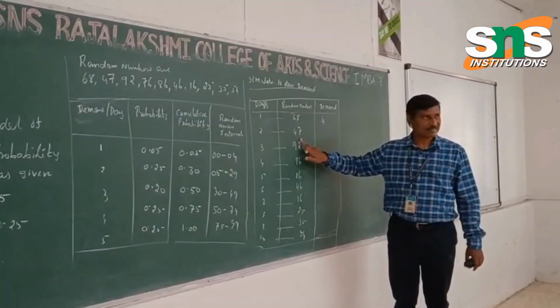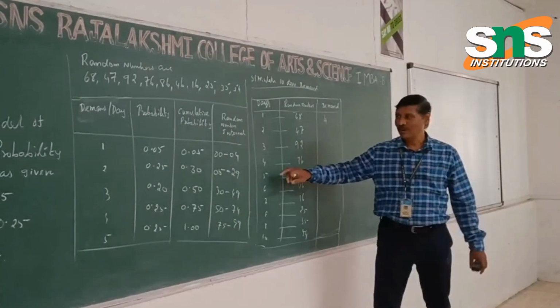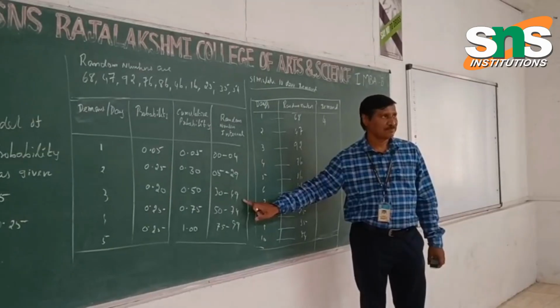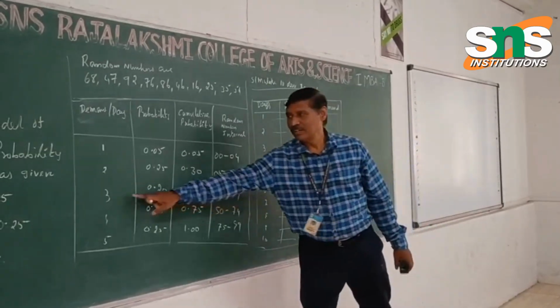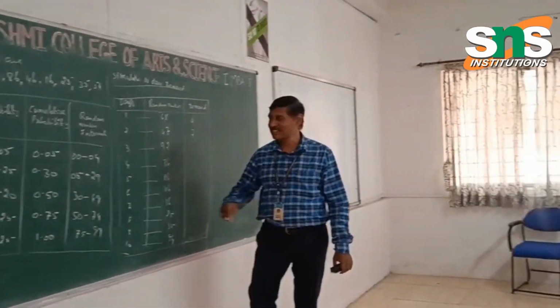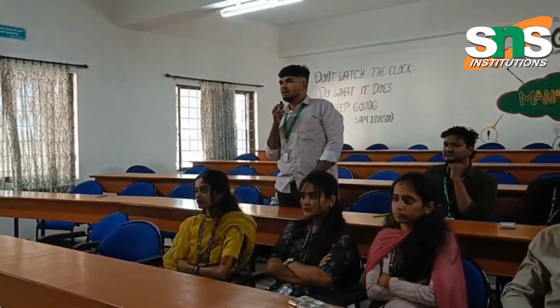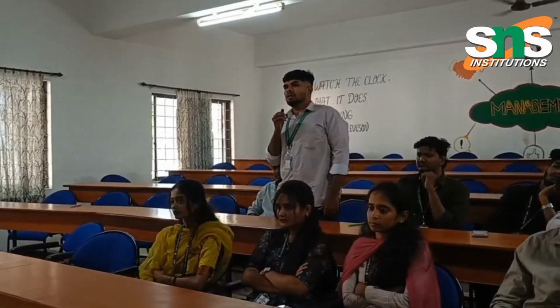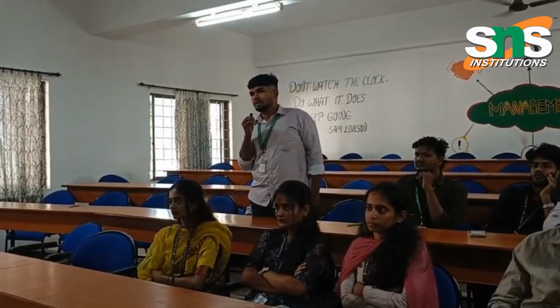Second day, random number is 47. The interval is 30 to 49, so the corresponding demand is 3. For the third day, the random number is 92. The interval is 75 to 99, so the corresponding demand is 5.